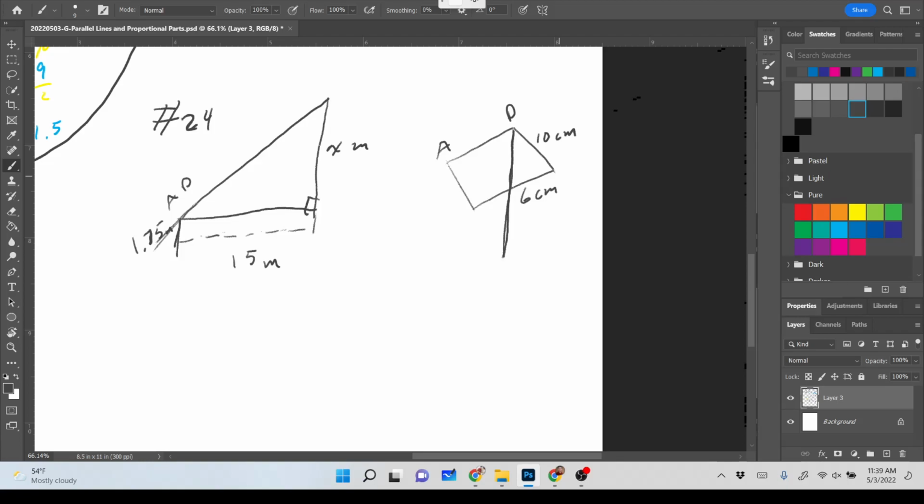Okay. So what should we do? We are probably going to hope that there's some similar triangles, right? That's our hope.